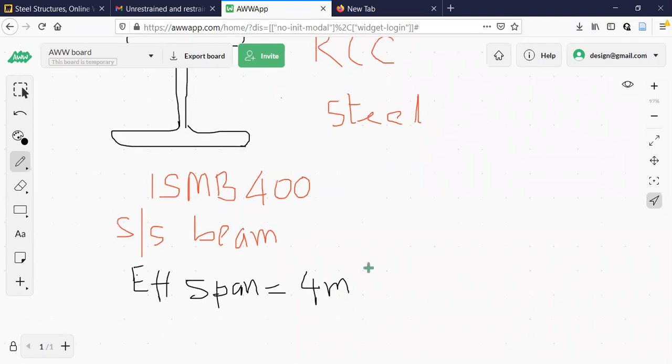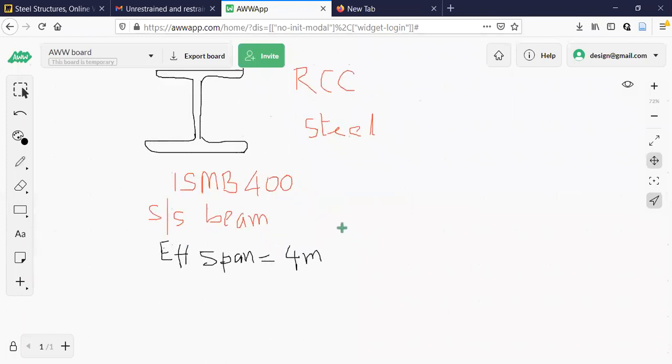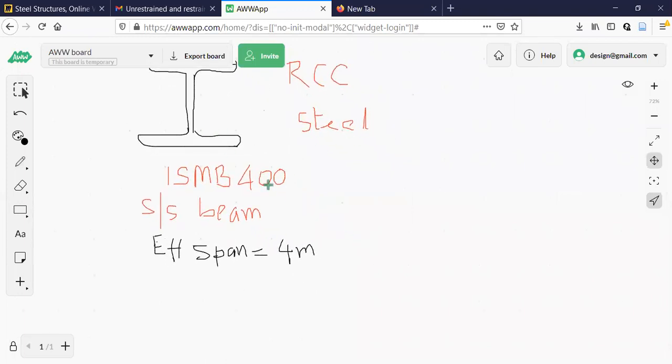So observe here, my question is, this is ISMB 400, which will be used as a simply supported beam over an effective span of 4 meter. This is the data, and the condition is it is laterally supported, meaning restrained. It is also called a restrained beam. It means that the flange is not allowed to move.